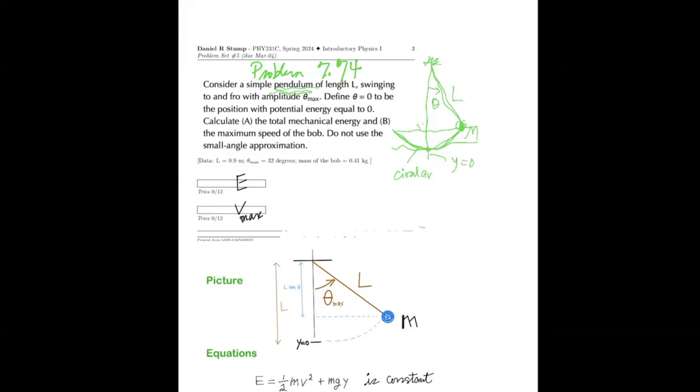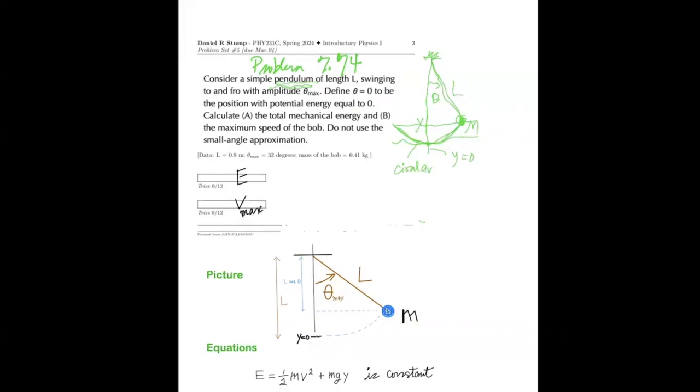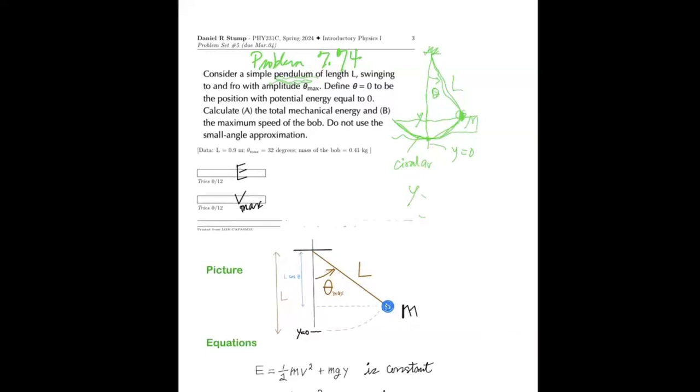Here's y, which will depend on theta. If I look at this picture, I see that y is equal to, so y is this distance. Put it in a different color. This distance is L cosine theta.